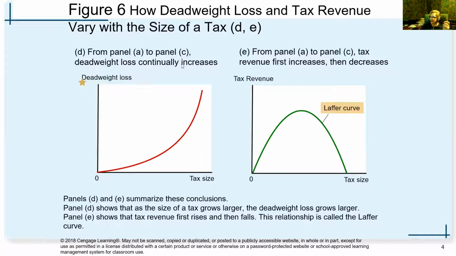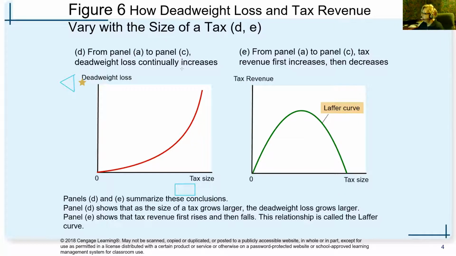If I could just do a little drawing here, this portion, the y-axis, is measuring how big the deadweight loss is. The portion down at the bottom is measuring how big is the tax collected, or the size of the rectangle. I should actually flip that deadweight loss over. I have it backwards, but I think you get the idea.